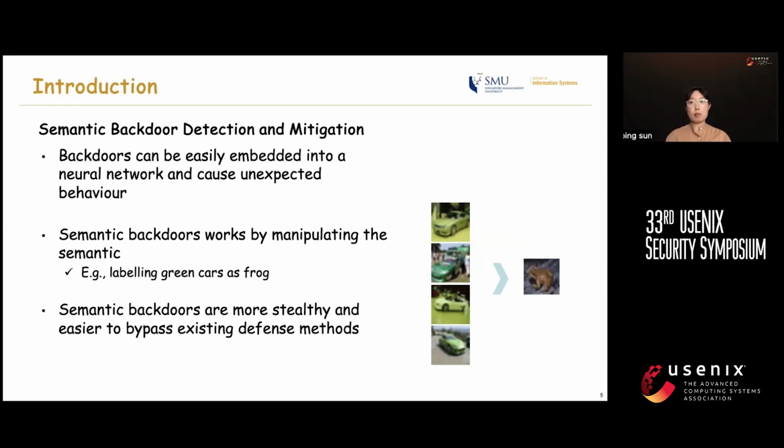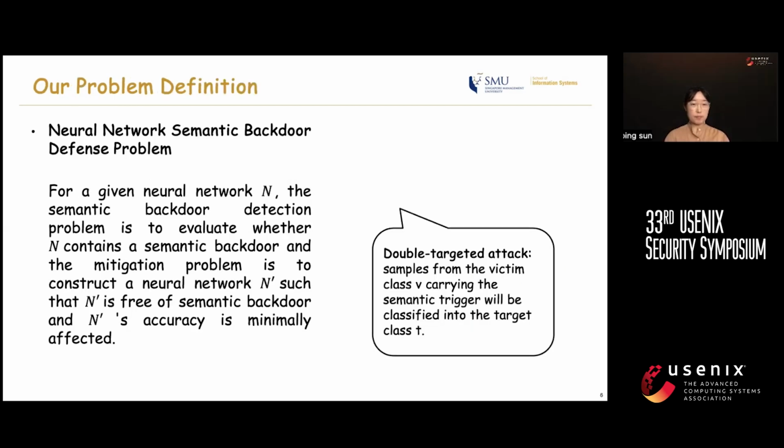And after training the model, during test time, most of the green cards will be misclassified as frog. Since during the attack or during the testing time, the attacker does not need to actually modify the training sample or the testing sample, the semantic backdoors are more stealthy and it's easier to bypass existing defense methods.